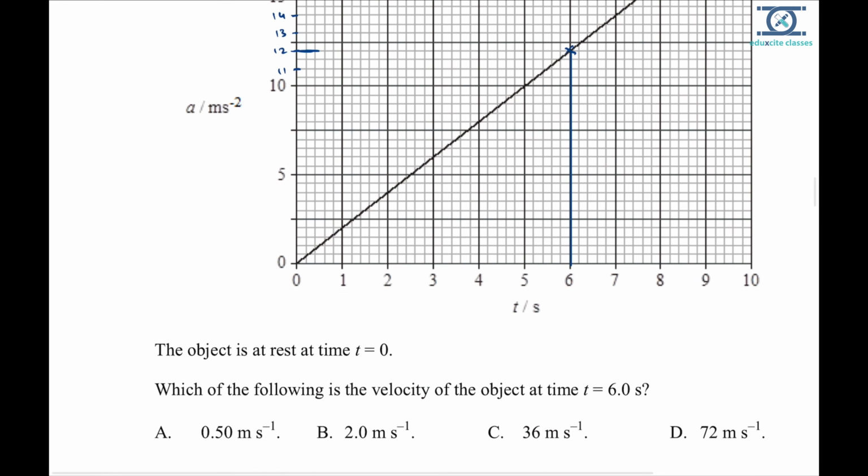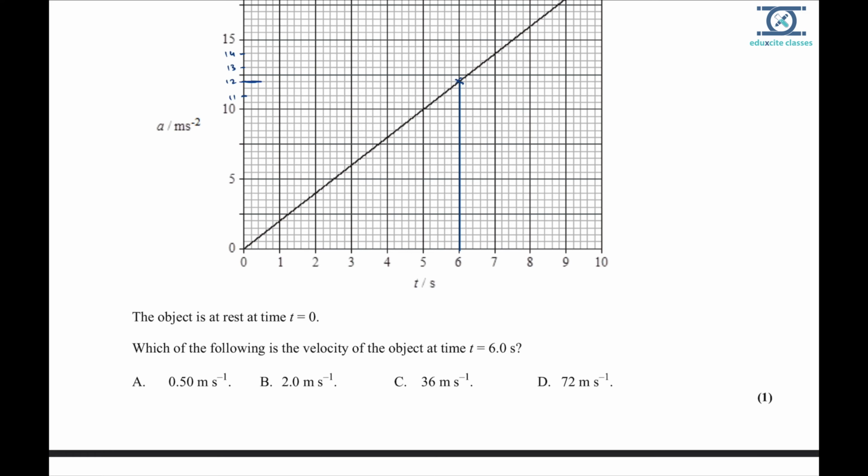Now we have to find out the velocity of the object at time t. We know that the area under the curve of the acceleration versus time graph, this shaded triangle, gives me the change in the velocity, and it is already given that the initial velocity is 0.